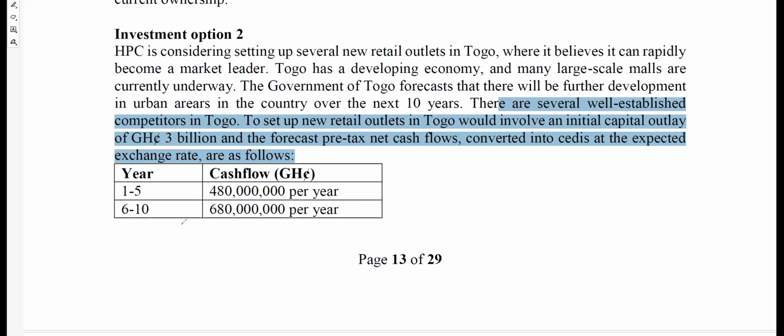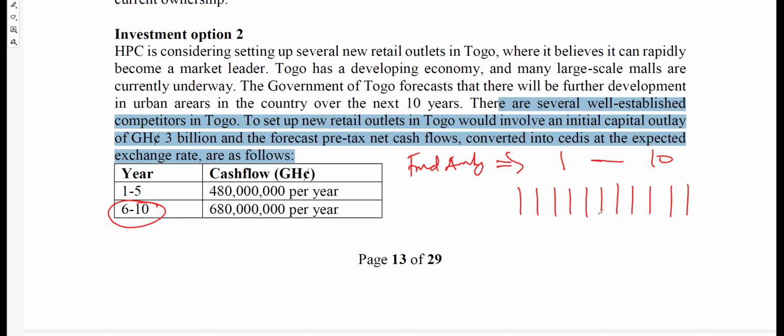So this one, because the annuity didn't begin in year 1, you know all our annuities begin from year 1. This one began from year 6 to year 10. That means this is what you do. You are going to find the annuity for year 1 to year 10. So year 0, year 1, year 2, year 3, year 4, year 5, year 6, year 7, year 8, year 9, year 10.